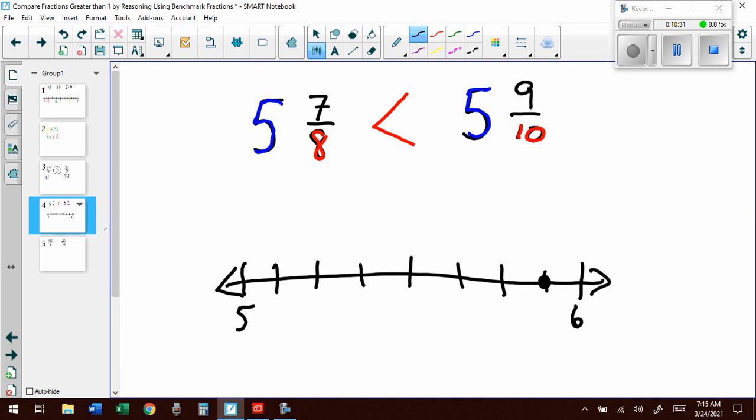But if we were to partition this same number line into tenths, my pieces aren't equal. I apologize. I better move them so they are.